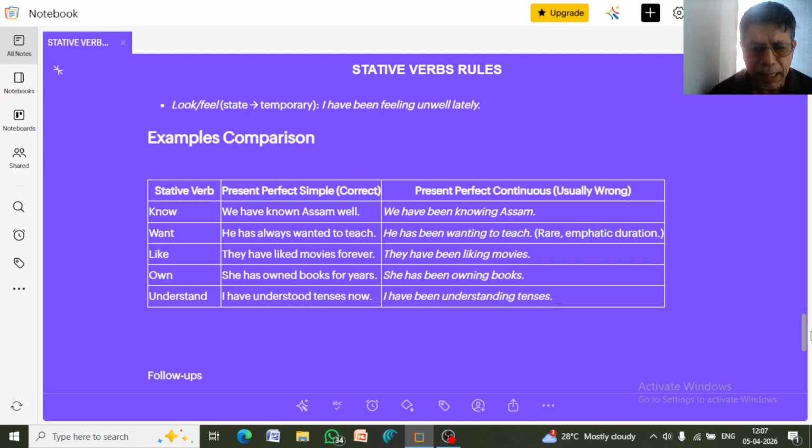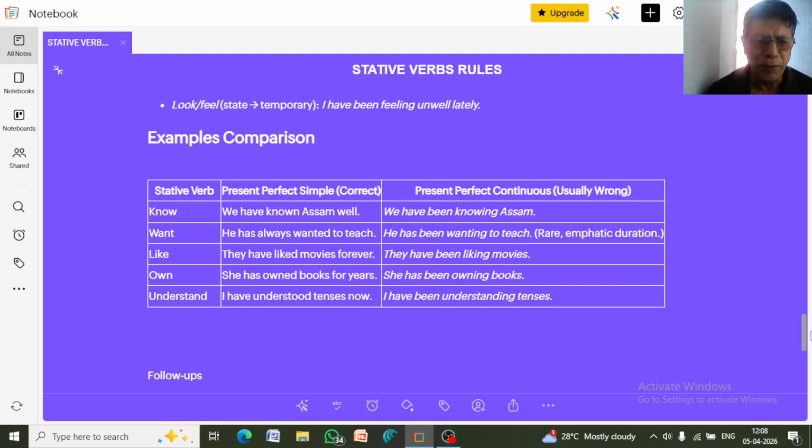Now, they have been liking movies, wrong. Now, own, she has owned books for years. Correct. She has been owning books, wrong. Understand. I have understood tenses now. Correct. I have been understanding tenses, wrong.